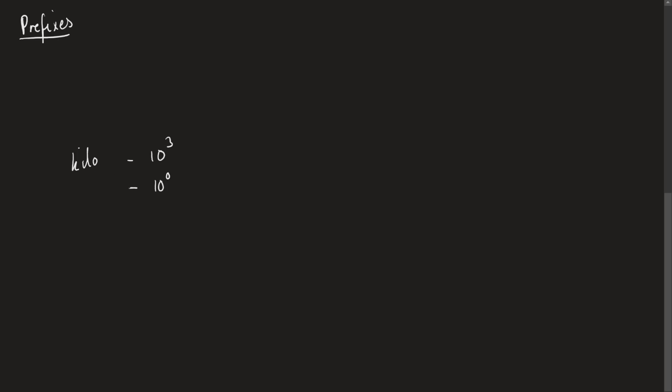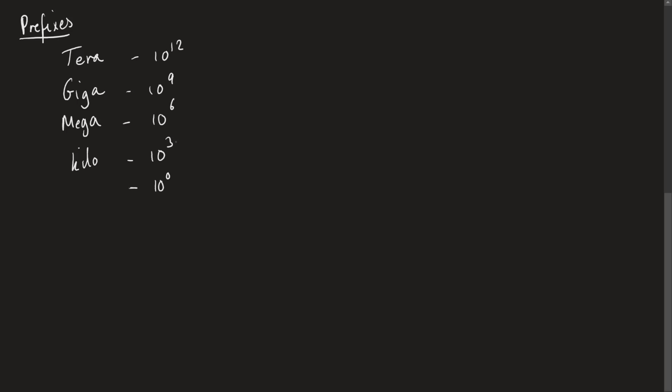If we wanted to go even bigger, we would have what we call a megameter, which is 10 to the 6. If we wanted to go even bigger, we'd have a gigameter, which is 10 to the 9. And if we wanted to go even bigger than that, we would have a terameter, which would be 10 to the 12.